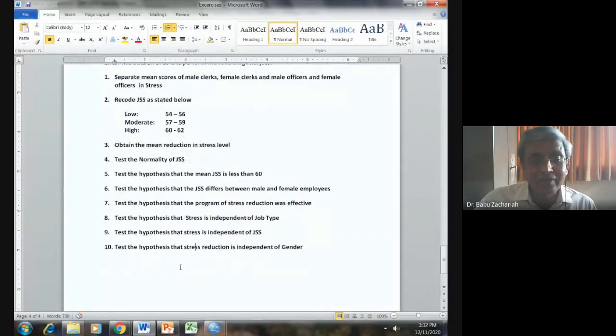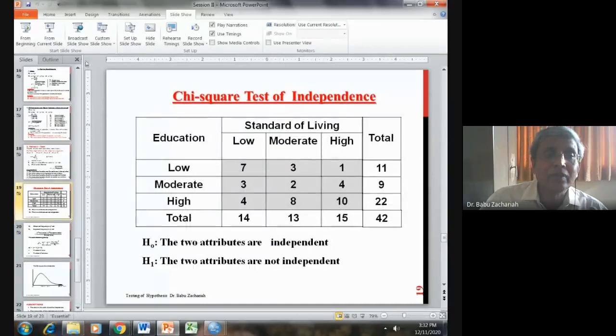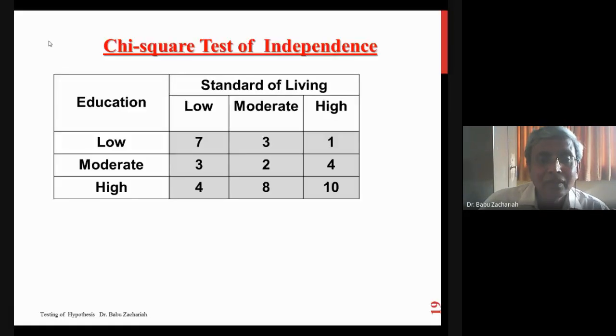Now the next three are chi-square tests for independence. So we need to know the background of that. We'll go to the PowerPoint. Listen carefully to this one. Usually two attributes will be there.